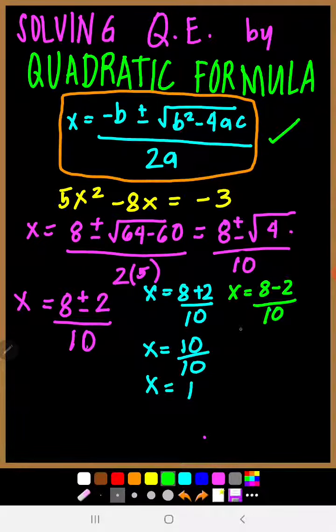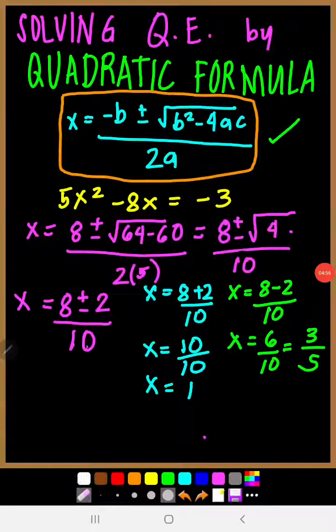And then the second equation, x equals 8 minus 2, which is 6, over 10. If we reduce this to its simplest form, lowest terms, this becomes 3 over 5.